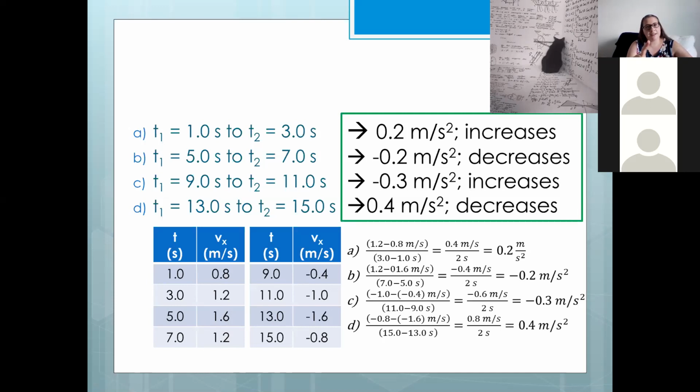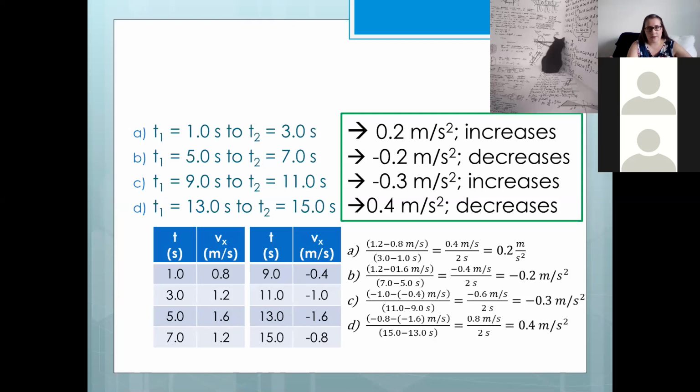The problem with thinking tends to come when we're dealing with these negative velocities. So let's take a look at those real quick. At 9 seconds, we have a velocity of negative 0.4 meters per second. And at 11 seconds, we have a velocity of negative 1 meter per second. So remember, speed and velocity are not the same thing. Speed is just the magnitude.